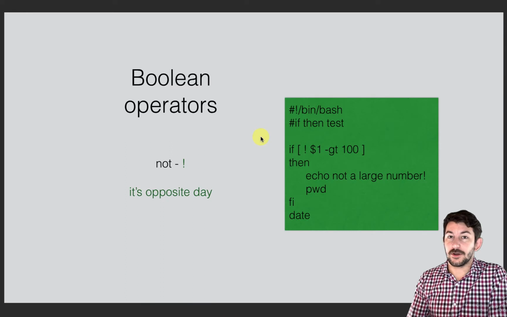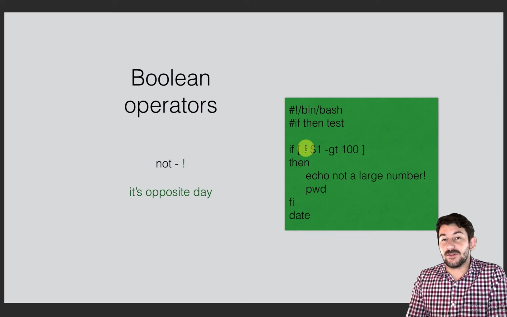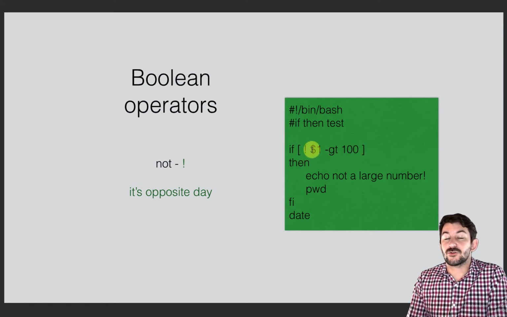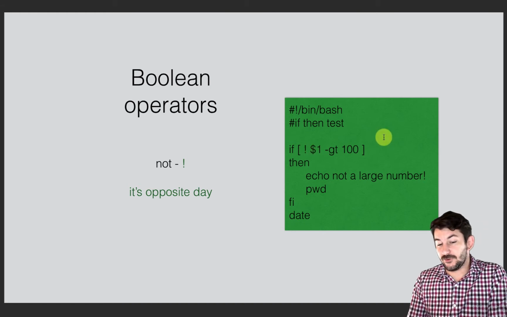So how does this work? Well, if you put it at the beginning of your condition, it's basically opposite day. So if 1 is greater than or equal to 100, but opposite. If this normally would be true, when you put this exclamation in front of it, now it's saying anytime it's true, it's going to be false. And if it's false, it's going to be true.